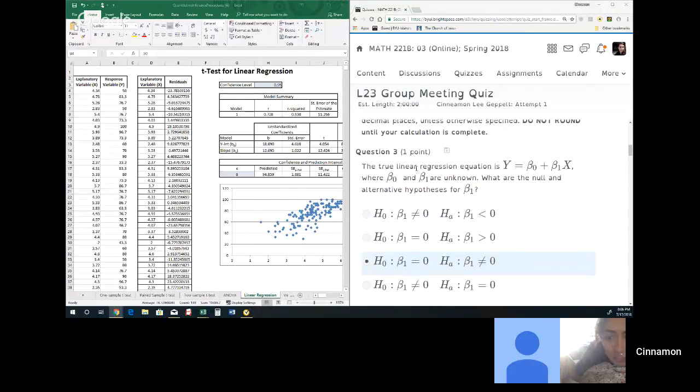The true linear regression is y equals beta naught plus beta 1 times x, where both beta naught and beta 1 are unknown. What is the null and the alternative hypothesis?